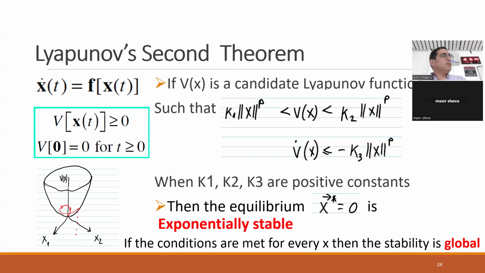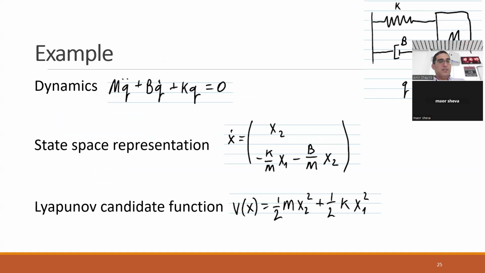Okay, we'll continue with an example. So we're taking a very simple example. This is a mass with a spring and damper.